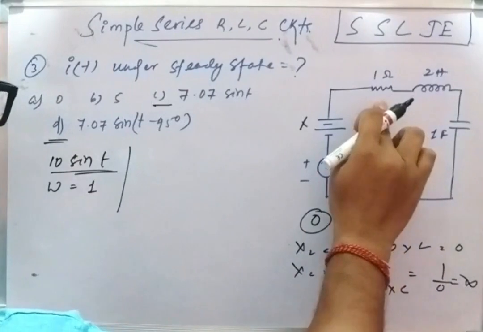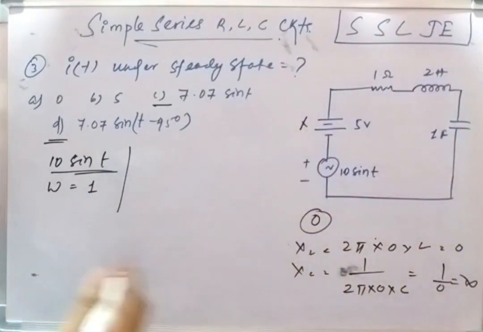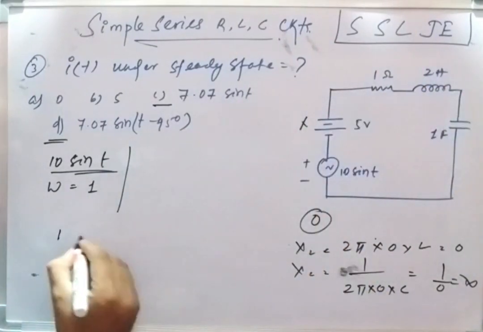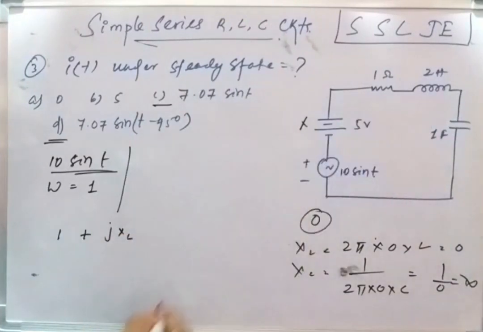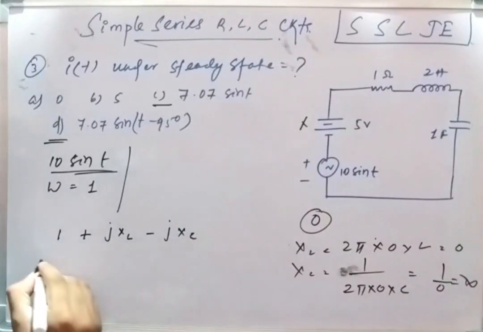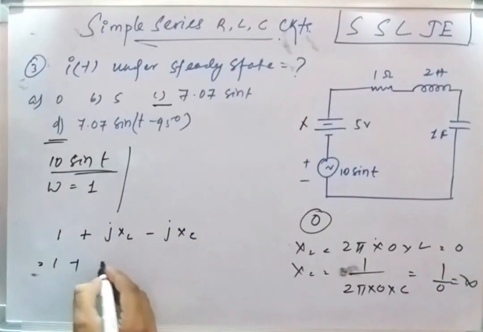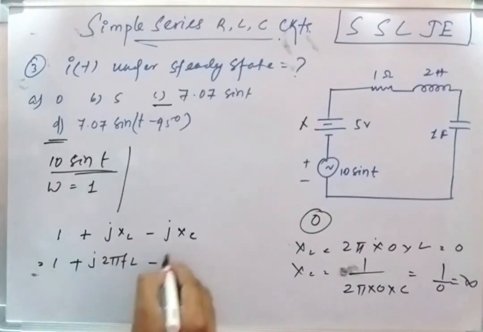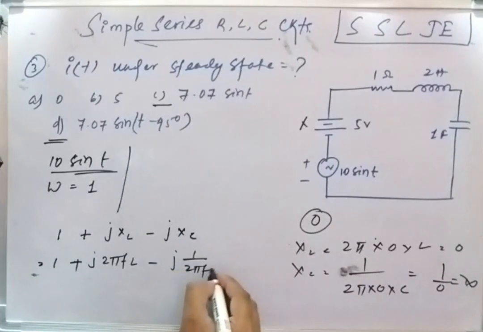Before going to the phase, we will convert this into complex form. 1 ohm will remain as 1 ohm, 2 Henry will be converted to J XL, and the capacitance will be converted into J XC. So 1 plus J XL, XL is 2 pi FL, and XC is 1 by 2 pi FC.